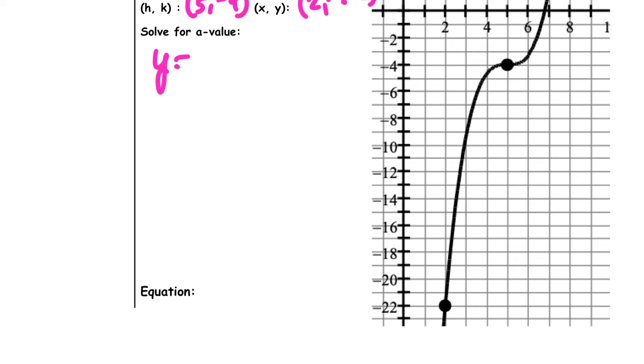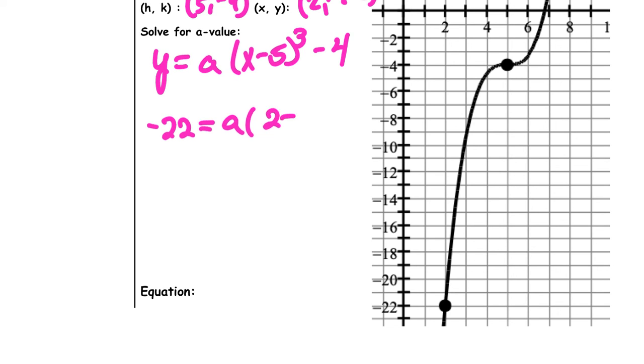Y equals a, and we're going to have x minus 5 cubed minus 4. So then we're going to put in -22 for the y, and we're going to put in 2 for the x. So we got -3 cubed.